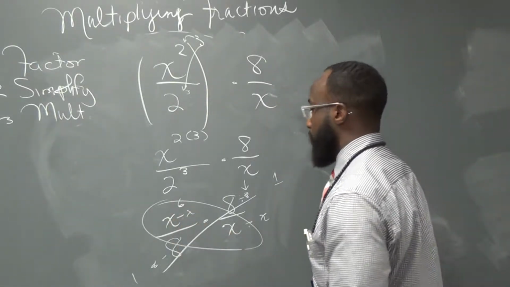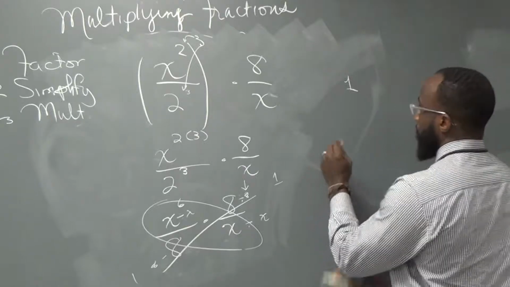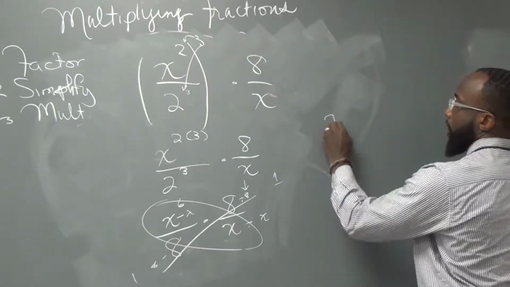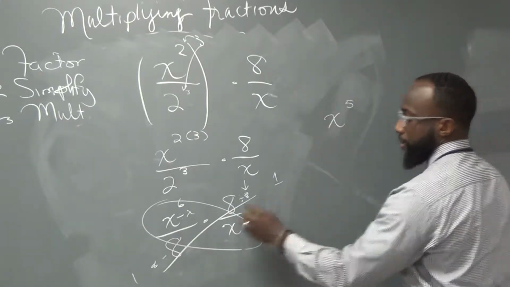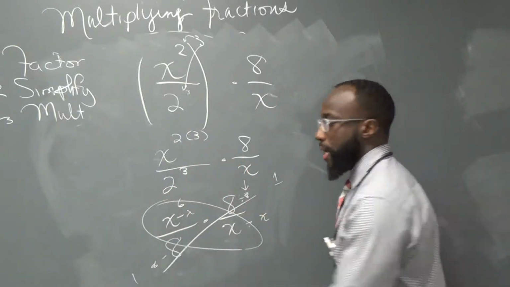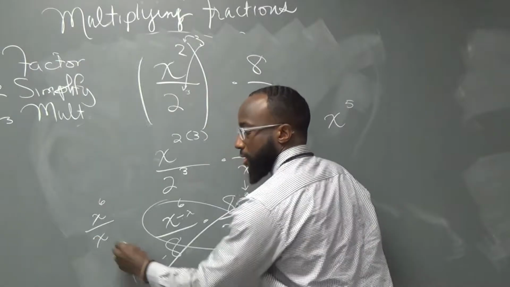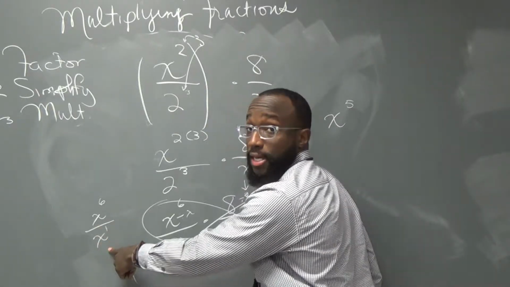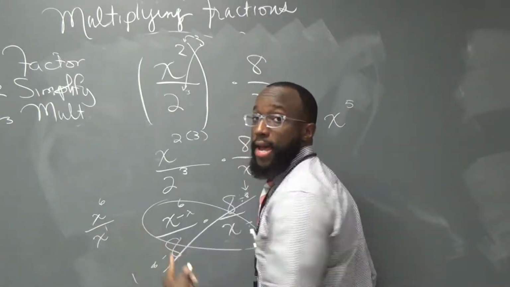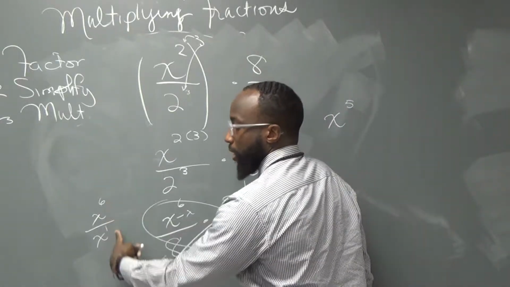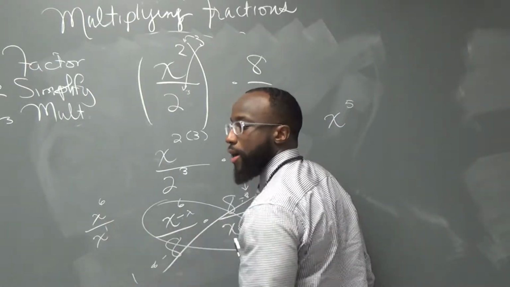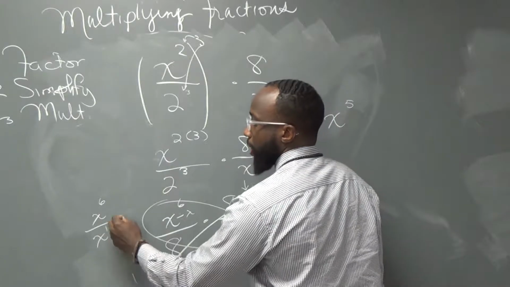So when you rewrite this problem, you'll now have x to the 5th, because remember, like I said in the last problem, if you have x to the 6th divided by x, it's understood that there's a 1 here because this x doesn't have a visible exponent. And when you divide like variables raised to a power, you're subtracting.